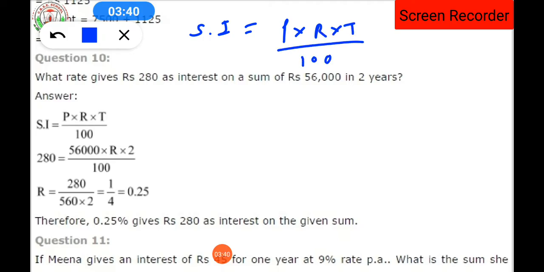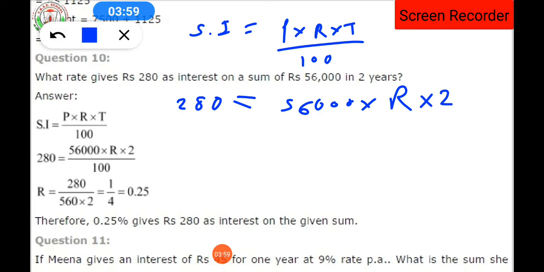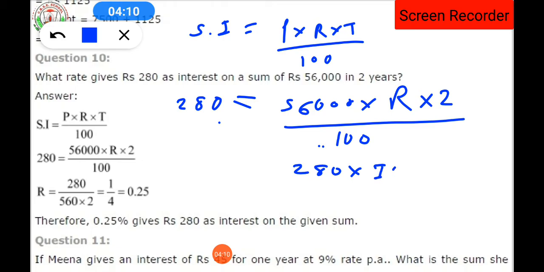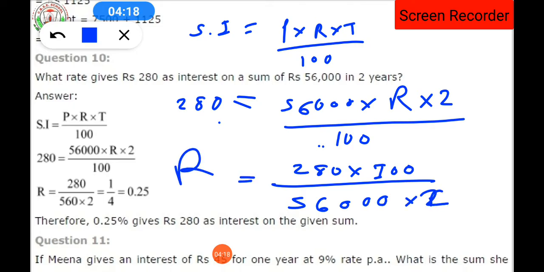As simple interest value we are having 280 is equals to principal 56,000 into R, we have to find it, into T, given as 2 years, upon 100. Now this 100 will be cross multiplied with 280, so it will become 280 into 100 upon 56,000 into 2 is equals to R.